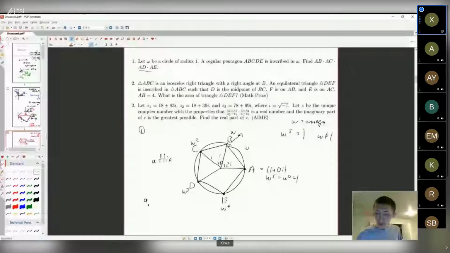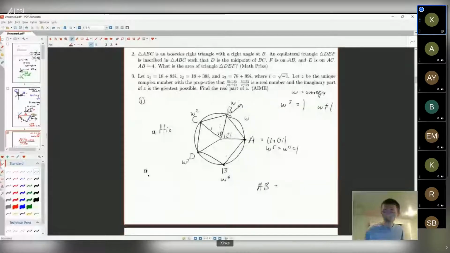Okay, so let's see. Basically what we want is the length of AB. In complex numbers, if you do A minus B and you take the magnitude, that's the distance from A to B, right?